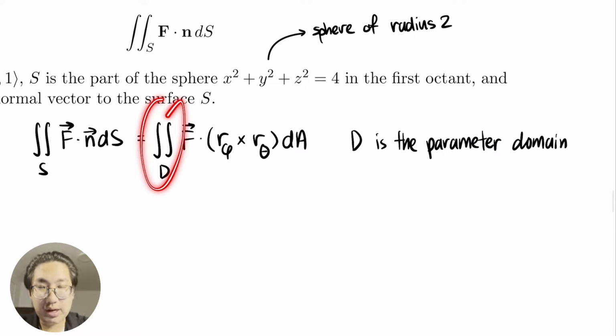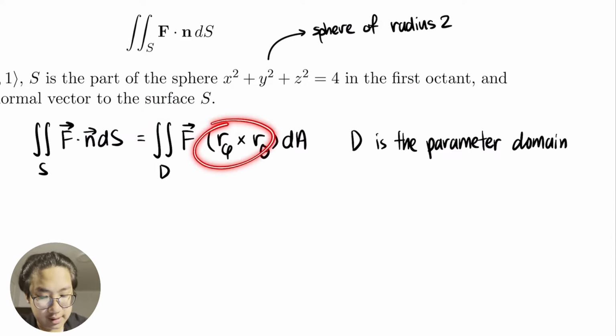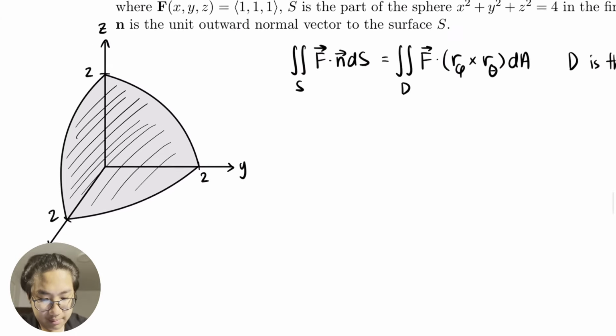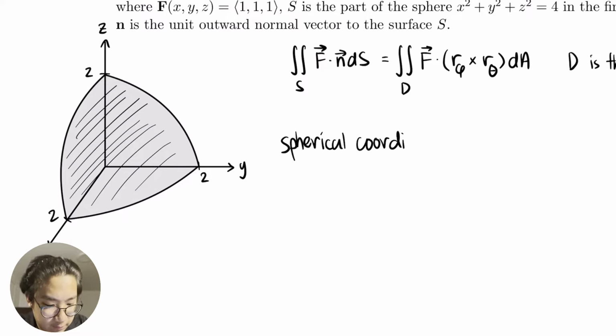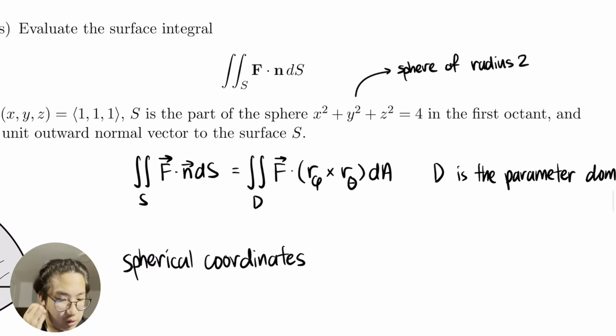Meaning we're basically just going to have a region, our region D, that is created from parameterizing the sphere of radius 2. So we'll use spherical coordinates here. The way we usually do it is we'll somehow want to get rid of one of the variables or have them on their own.